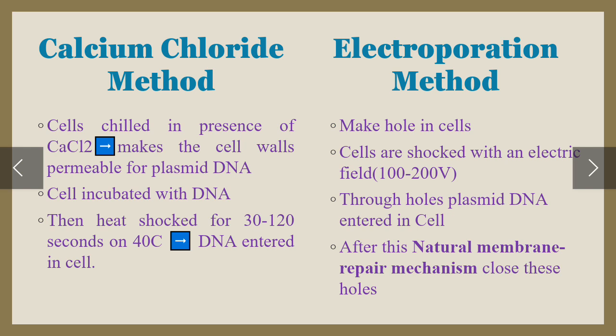The second method is the electroporation method, which makes holes in the cell. Cells are shocked with an electric field of 100 to 200 volts. Through the holes, plasmid DNA enters the cell. After this, the natural membrane repair mechanism closes these holes.